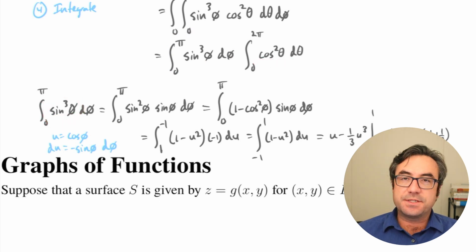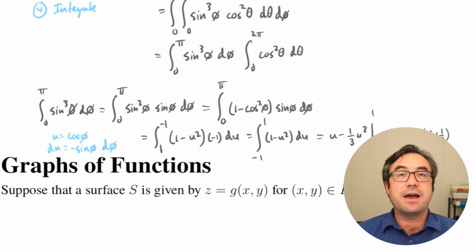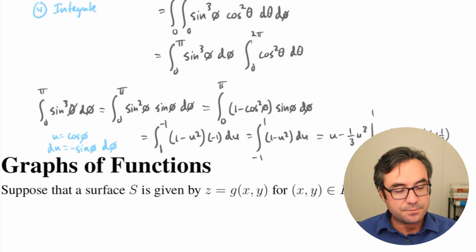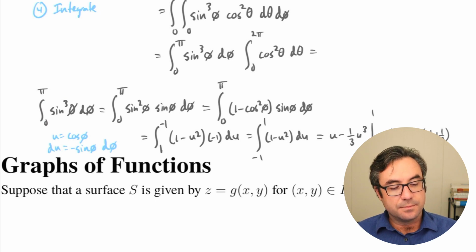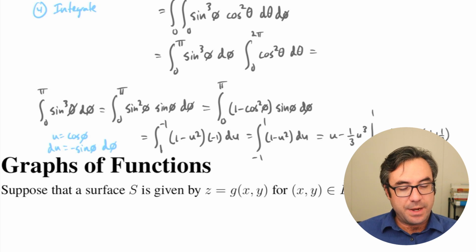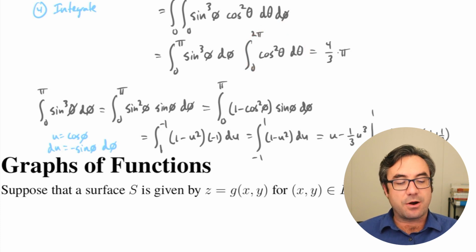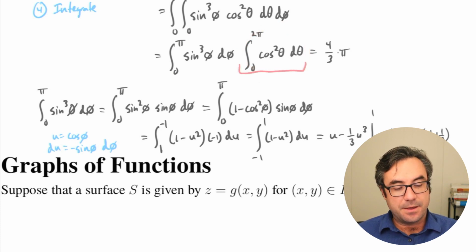And now this other one is an even power, so that's where we use the half angle formula. We won't go through that one. But what you should end up with is a 4/3 from the first integral and pi from the second integral. Just to remember our half angle identity, cosine squared theta is equal to 1/2 times 1 plus cosine 2 theta.